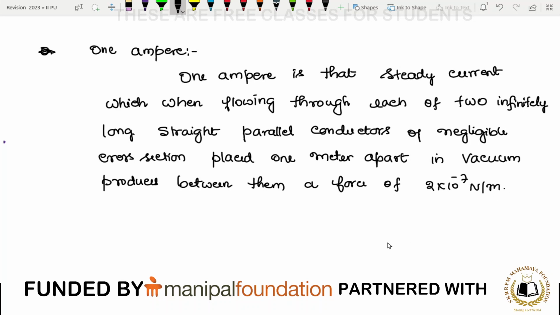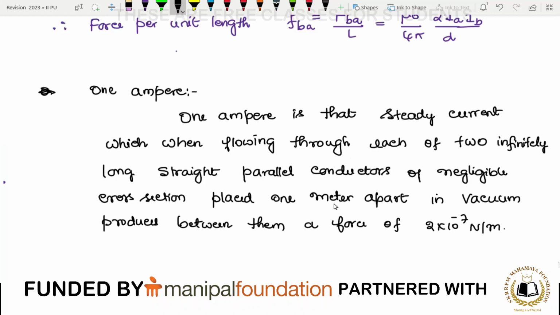1 ampere is that steady current which when flowing through each of the two infinitely long straight parallel conductors of negligible cross section, the thin wires, placed 1 meter apart in vacuum, produces between them a force of 2 into 10 power minus 7 Newton per meter.